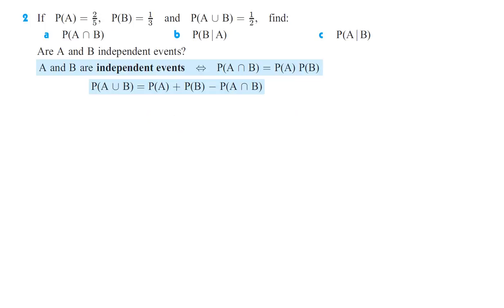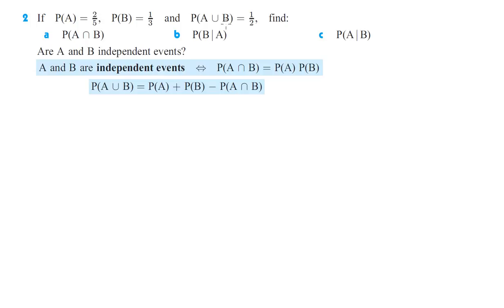Number 2. If the probability of A is 2/5, the probability of B is 1/3, and the probability of A union B is 1/2, find this. Okay, so this formula here is going to come in really handy to figure that out. This is going to be helpful throughout. So let's see, this is what we're looking for.